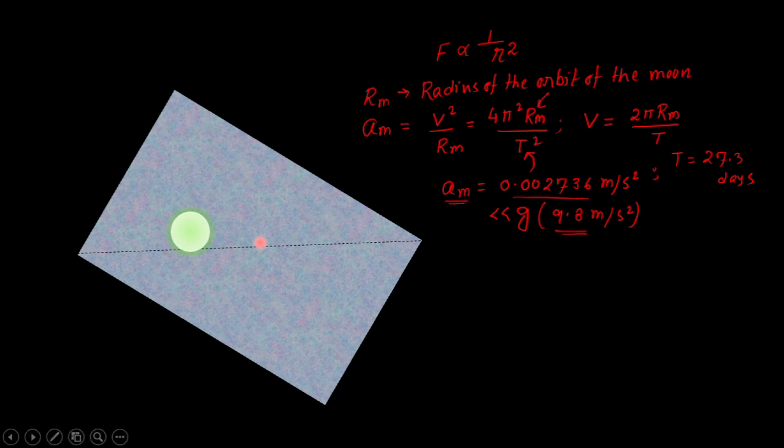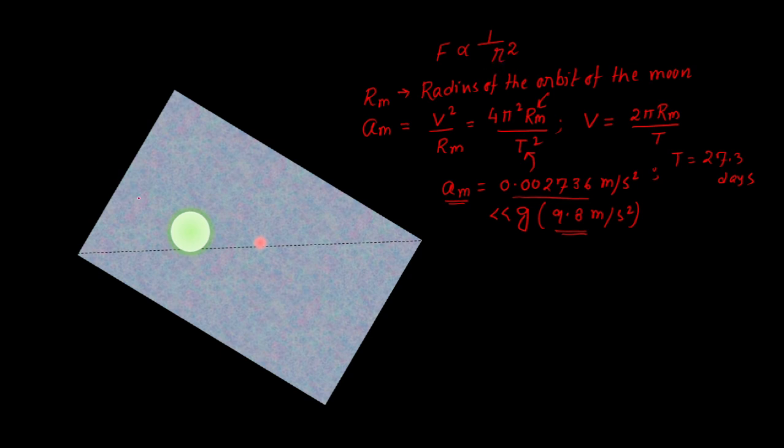The force of gravity on the moon is much lesser because it is away from the earth's surface. This is the logic behind the statement that the force decreases with distance, but we haven't yet justified how it decreases, what the relation is.